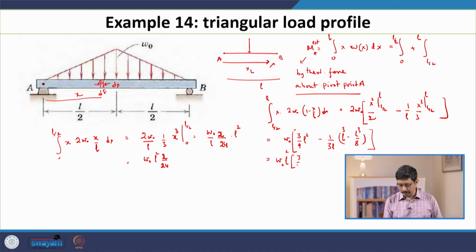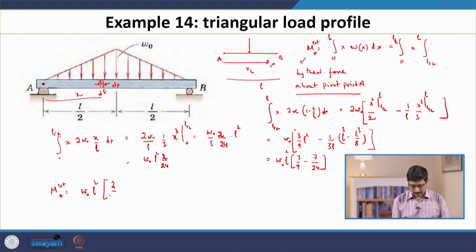So this is 3 by 4 minus 7 by 24. If I add these two pieces, we get the total M is W naught L square, 2 by 24 plus 3 by 4 is 18 by 24 minus.